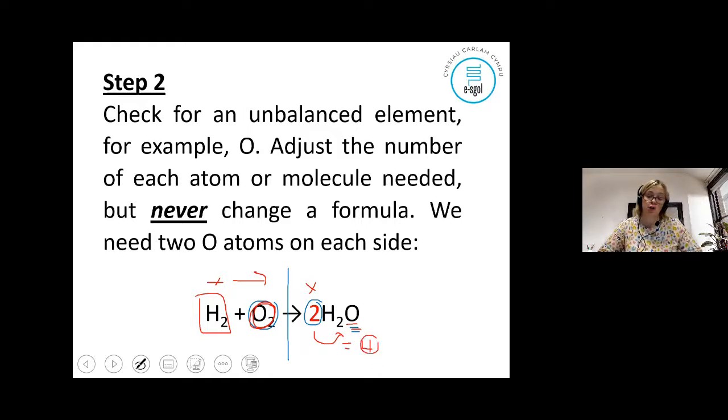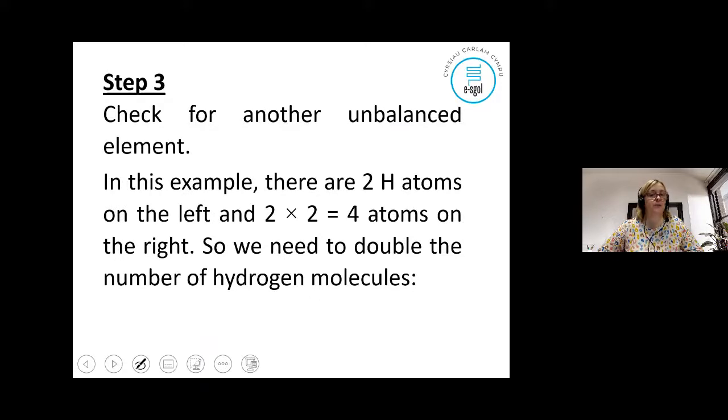So I've now only got 2 on the left, but I require 4 in order to make 2 water molecules. So the third and final step is to check the hydrogens, because we're only dealing with 2 atoms in this case. So you can see there, we need to double the number of hydrogen molecules in order to get 4 atoms. So suddenly, there's a 2 here, but there's also a 2 there.